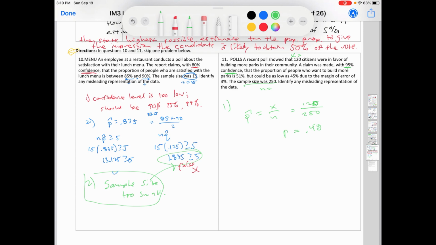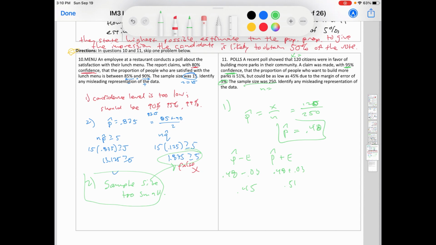So p hat is 0.48, and that's in the middle. Because if you take p hat plus e and p hat minus e, with a margin of error of 3%, you'll get 0.45 and 0.51 or 51%.